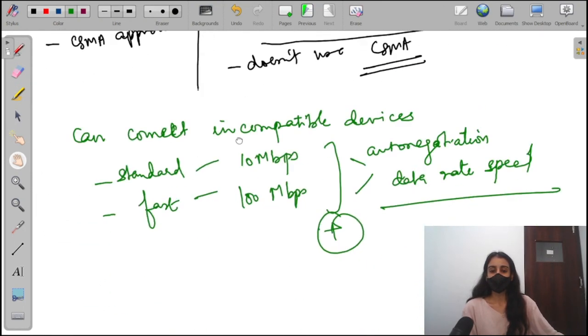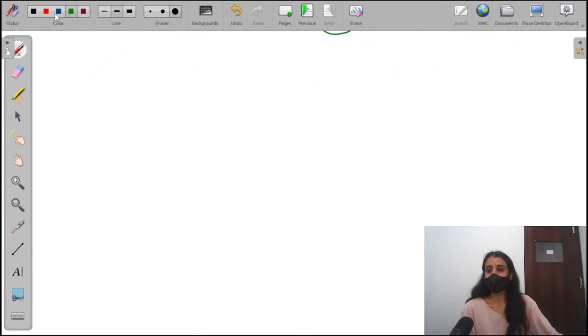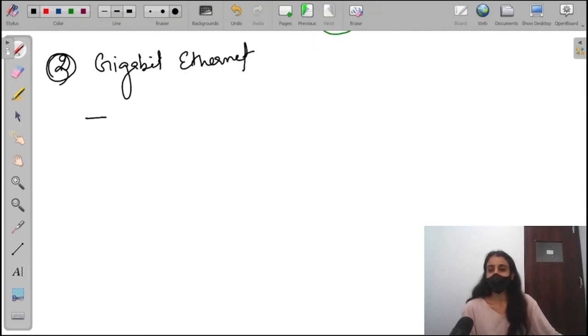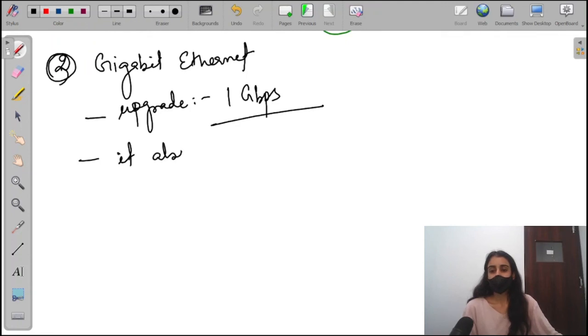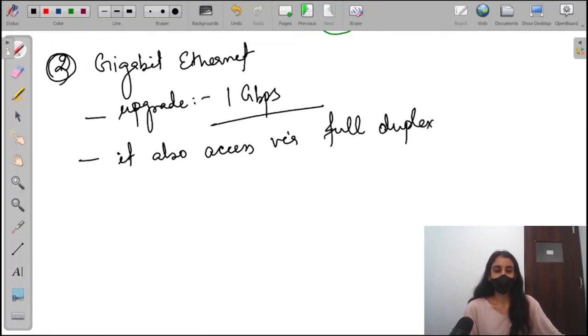Now the next upgraded version is Gigabit Ethernet. It's the same as Fast Ethernet, just an upgrade to 1 Gbps. It also accesses via full duplex or half duplex.